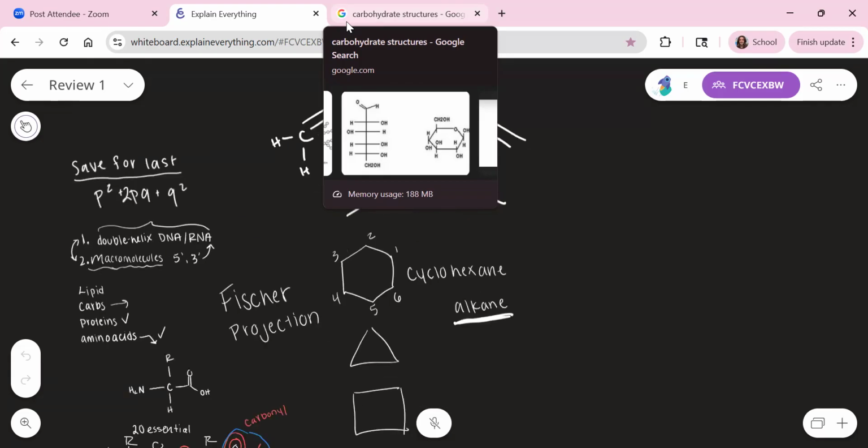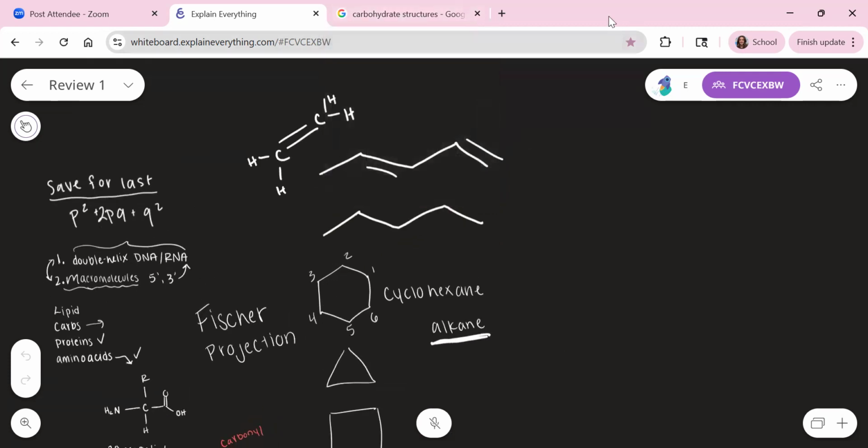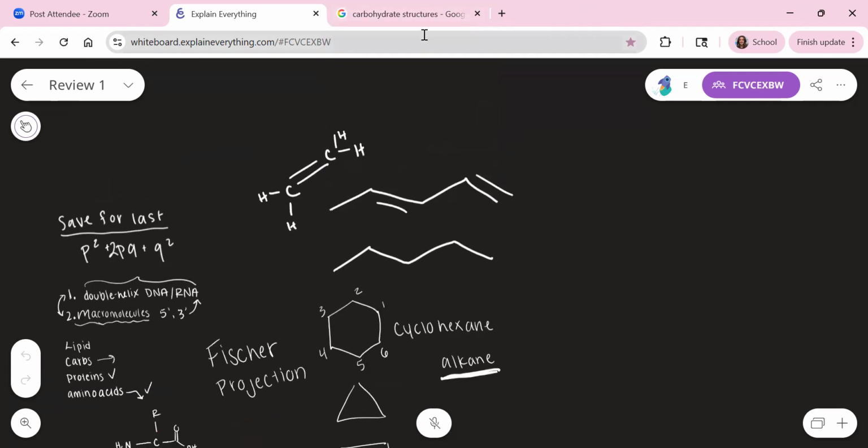I think you guys talk about these in lipids as unsaturated and saturated. Can you move your video so we can't see that stuff? Oh, there. Can you see it now? Yeah, thank you. Okay.